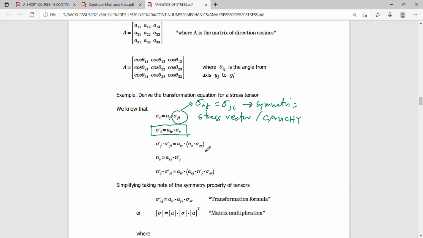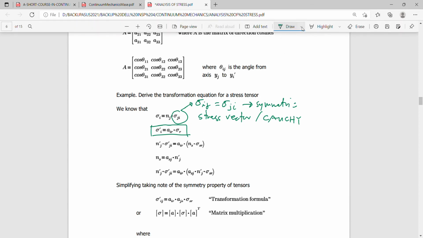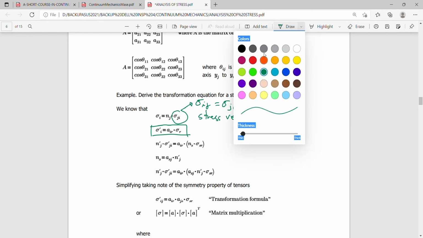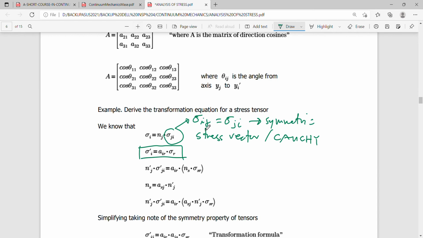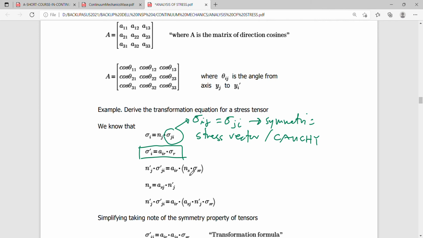I have to be consistent to be able to capture the correct formulation. So ns can also be defined in terms of the prime axis, and we just reverse this equation.